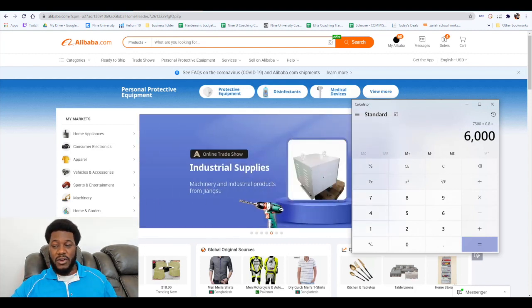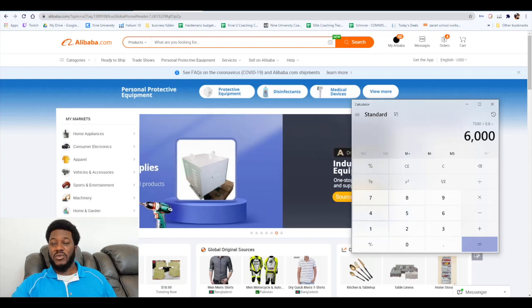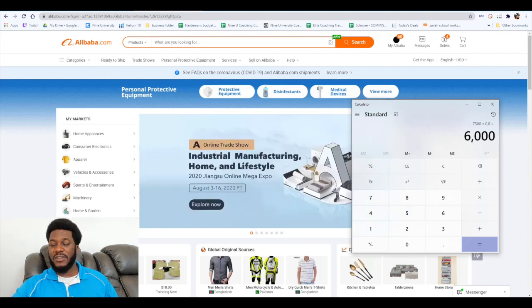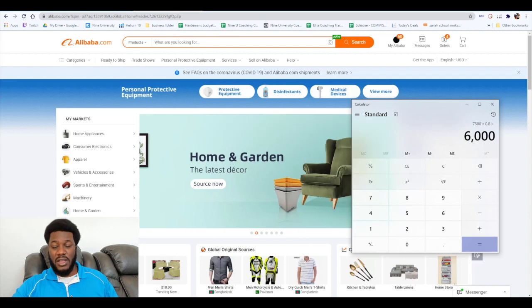You're going to use that $1,500 to make sure that your sales and your launch have the best start possible. You're going to spend that $1,500 to ensure that you're steady and consistent with sales, get reviews, things like that.